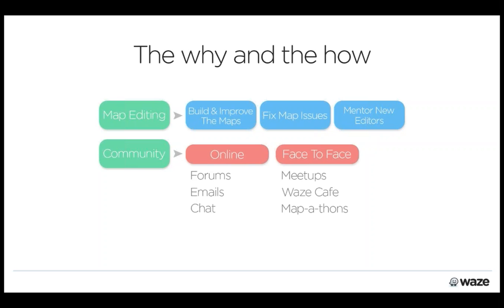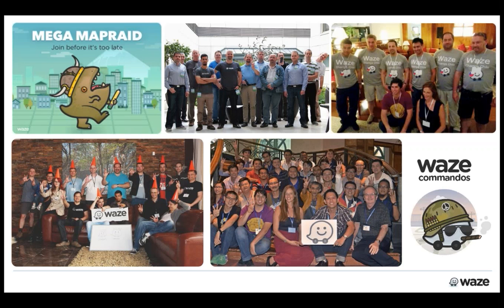And these meetups are held throughout the world. You can check your map editor feed, which we'll show you in a little bit, to see about upcoming meetups. Here are some pictures of editors around the world. Some of these have Waze staff in them as well. And you can see editors all around the world. They make their own t-shirts, they make their own signs and cone hats and whatnot. But they're really all around the world editing and improving the Waze map locally.